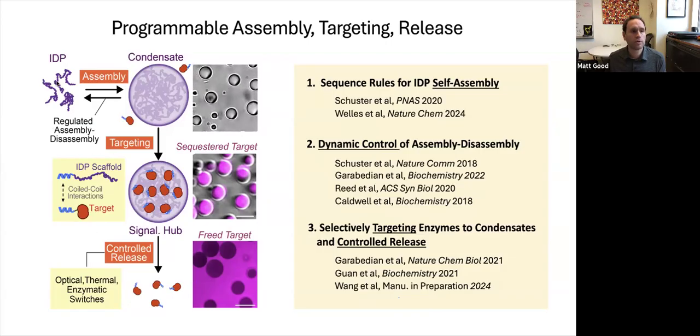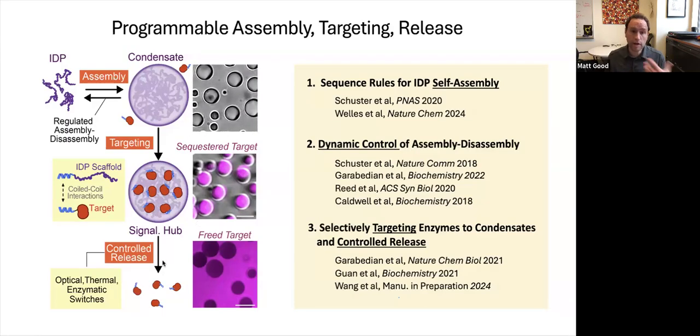Great. All right. So starting from individual polypeptides or proteins, we've tried to understand sequence rules that govern this self-assembly, how to tune saturation concentration, et cetera. Once you have the compartment, to achieve selective targeting, we've really focused on using nanobodies or originally small coiled coils that have nanomolar affinity for one another, and then use these to enrich or sequester targets within these preformed compartments.